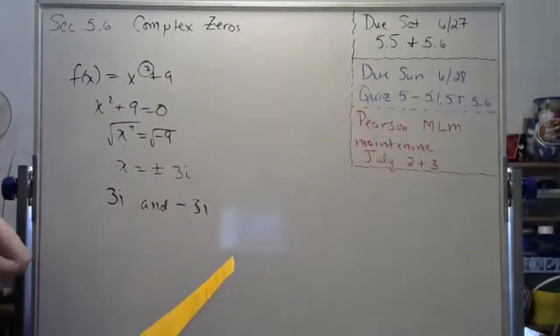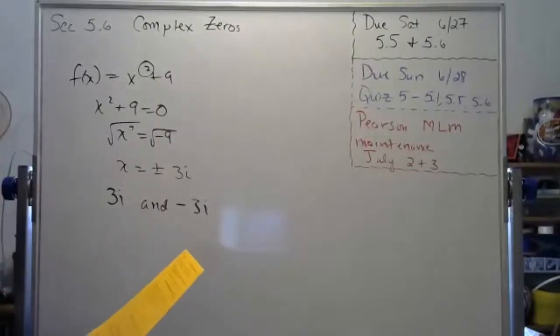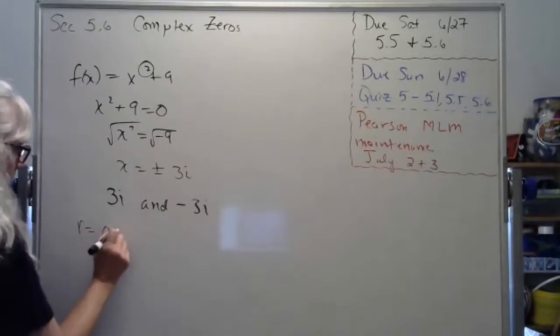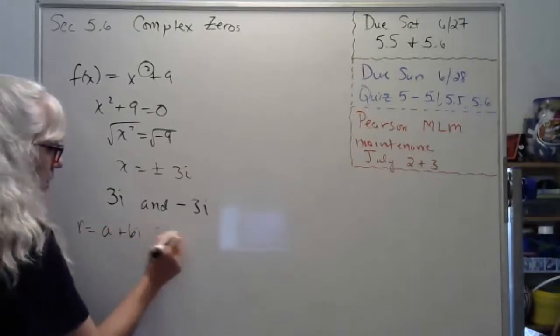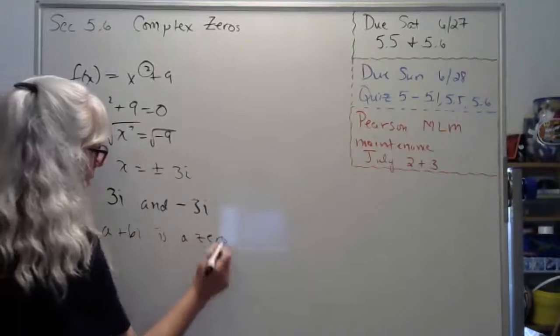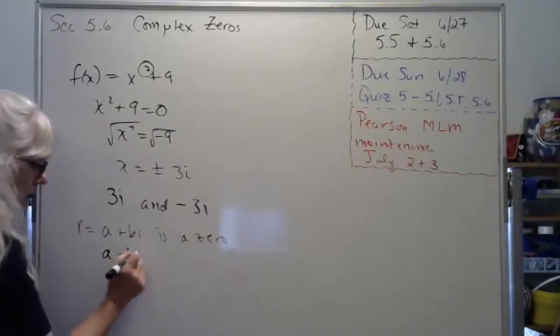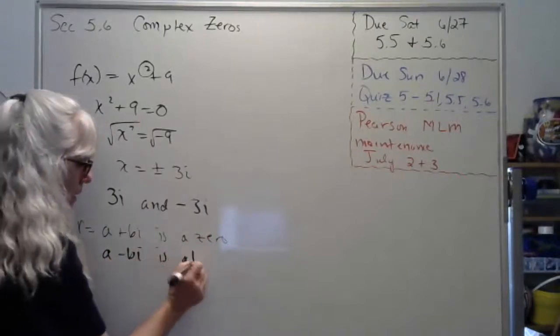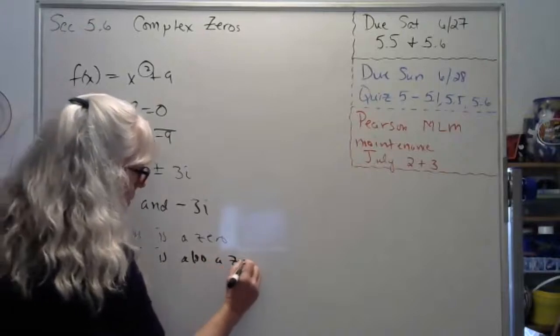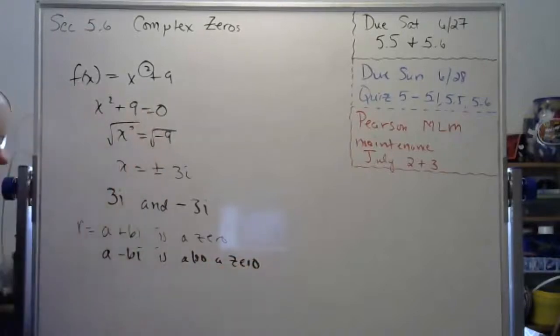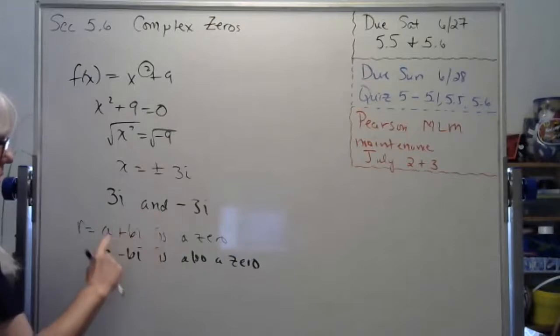So the conjugate pair theorem says if you have a polynomial whose coefficients are real numbers, and if r equals a plus bi is a zero, then a minus bi is also a zero. They have to occur in conjugate pairs. And a conjugate pair simply means the sign on the imaginary part is opposite.